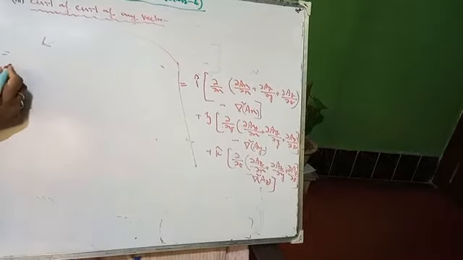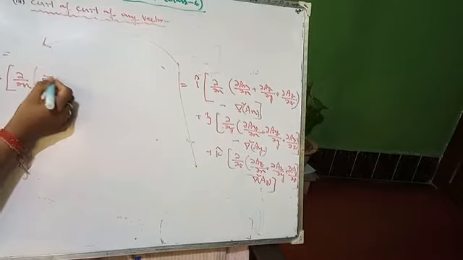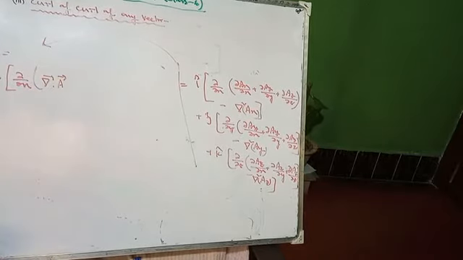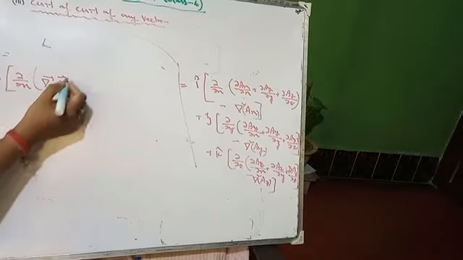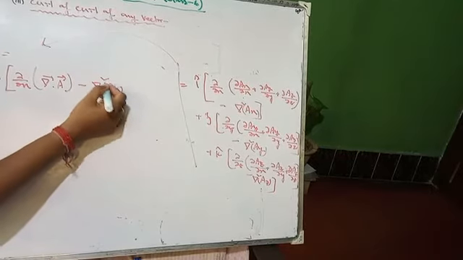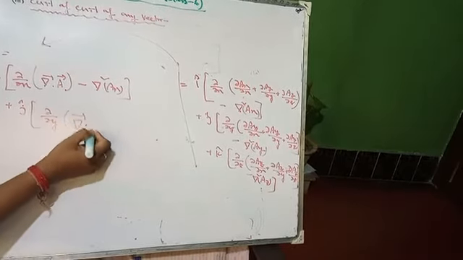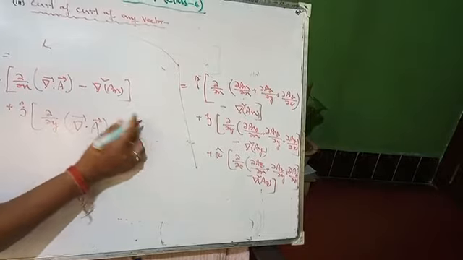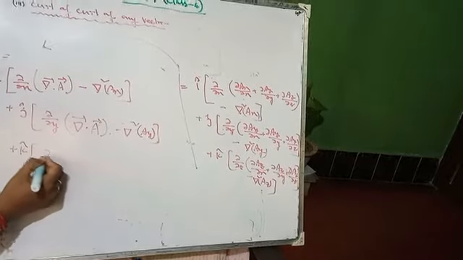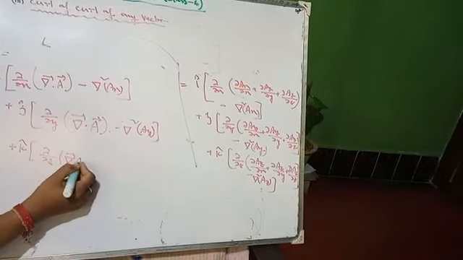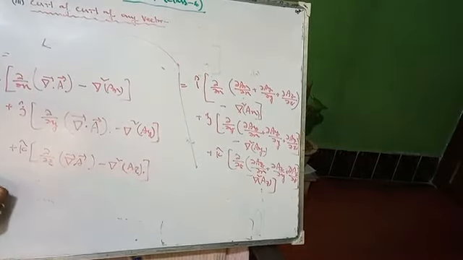So i cap, take it common, it should be what? ∂/∂x, take it common, this should be the divergence of a vector. See, this is the divergence of a vector, Ax ∂/∂x, Ay ∂/∂y, Az ∂/∂z, right? So divergence of a vector minus Laplacian of Ax, plus j cap ∂/∂y of the divergence of the vector, minus Laplacian of Ay, plus k cap ∂/∂z of the divergence of the vector and minus Laplacian of Az, okay.